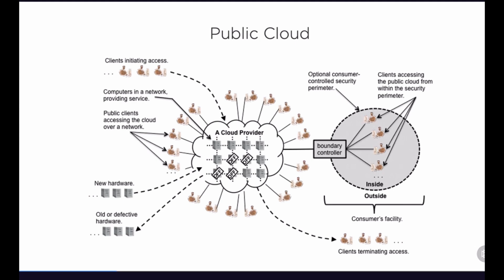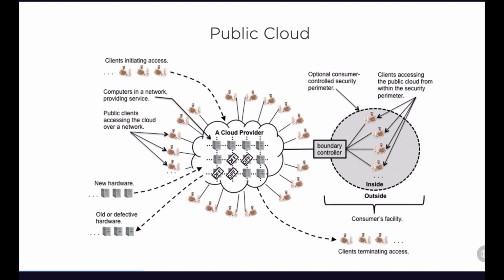You have clients that initiate access wanting to subscribe to a cloud service. You then have all of those computers that are providing service through some type of a network, public clients accessing the cloud, and of course, new hardware going in and old hardware coming out. Then you have, of course, clients terminating access, leaving the cloud as well.